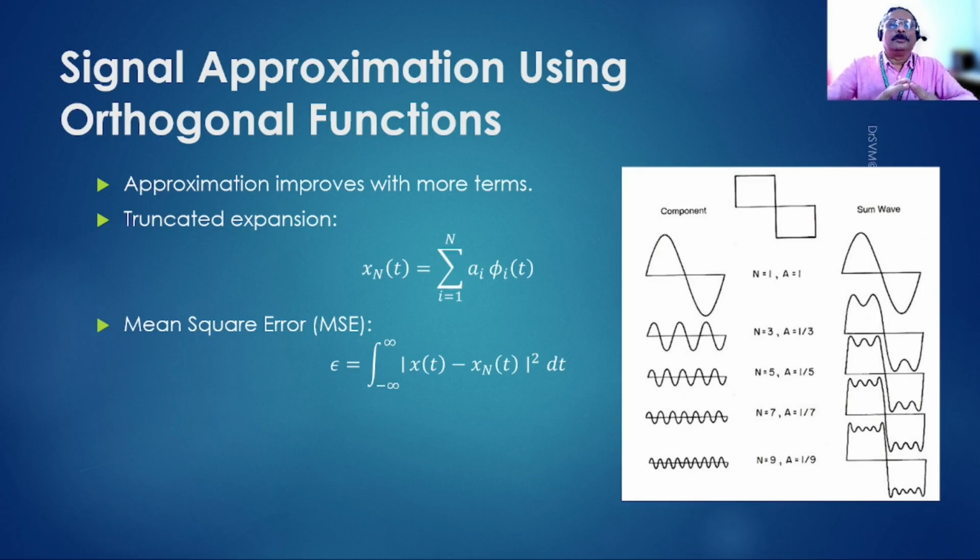So what we can do is think of some basis functions that are orthogonal, and if we can approximate any signal using these orthogonal functions, then yes, we have a known form for any given signal.